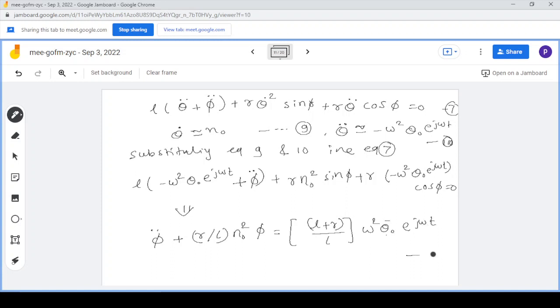So this is the expression we get, 11. In this case, sin phi and cos phi are eliminated, and we have written down the expression like this by substituting the values of these two terms.